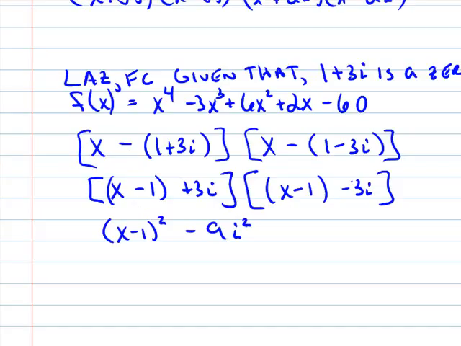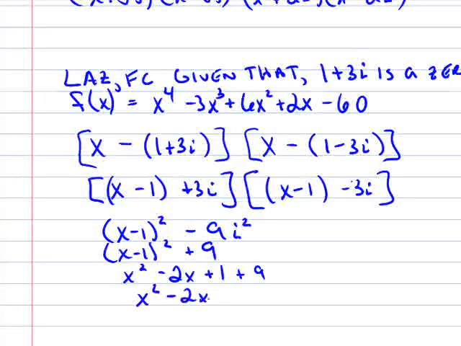Well, 9i squared, I mean, we can't leave i squareds in there. So what we really have is x minus 1 squared plus 9. And x minus 1 squared is x squared minus 2x plus 1, and the plus 9 is left over, so I have x squared minus 2x plus 10.